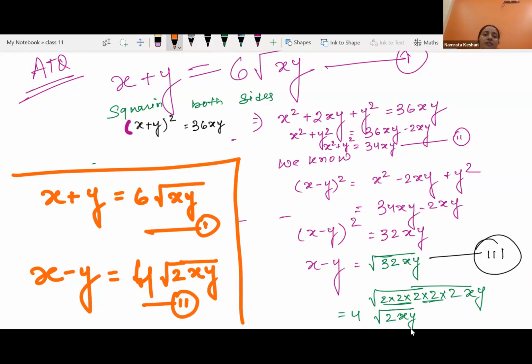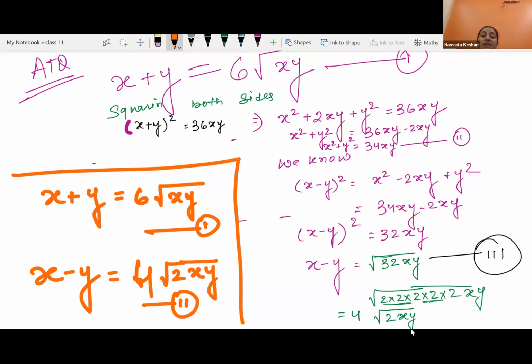But are you realizing what about the other side, root xy? We won't be able to find the value of x or maybe y, right? Even if we add these two equations or subtract, it is not possible to find the x value or y value. Are you realizing that? Yes.